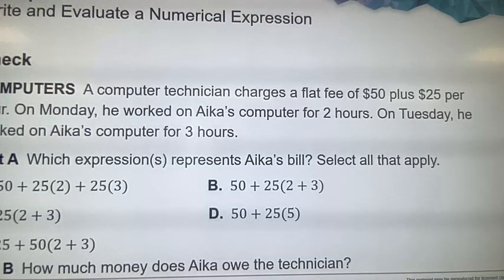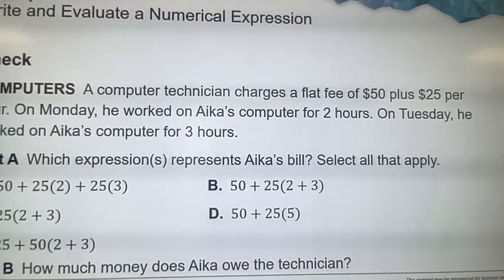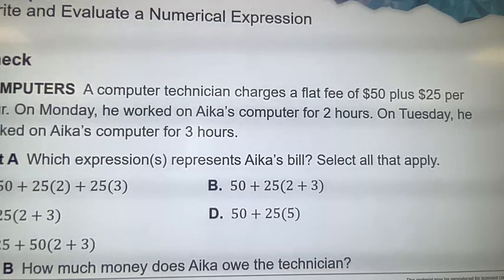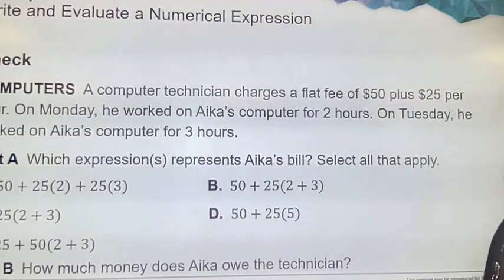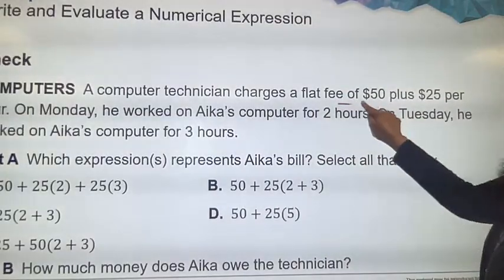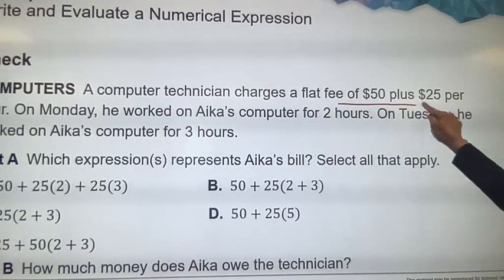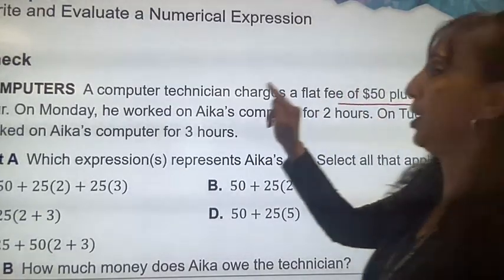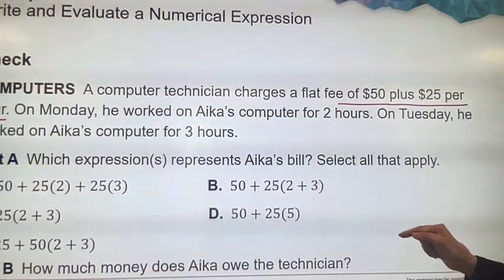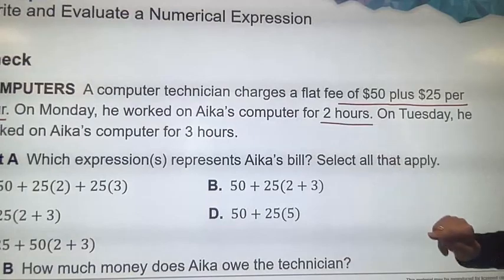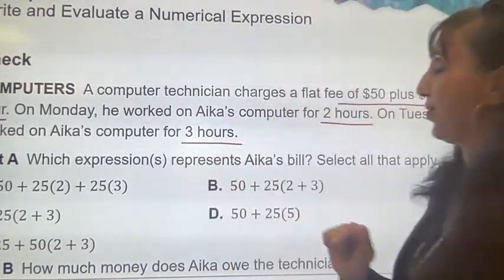How much money does Aka owe the technician? We are writing out the expression which is representing Aka's bill, and we are going to select all that apply. So we have a flat fee of $50 plus we have $25 per hour, and on Monday worked 2 hours, on Tuesday worked for 3 hours.